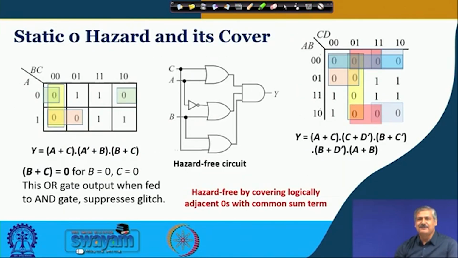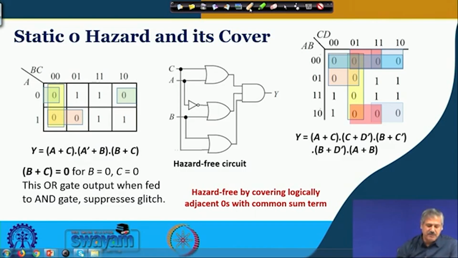Now, we have detected the hazards, but we need to think of how to cover them, and again we follow the logic that we followed for static 1 hazard covering. The cause of the specific hazard, we need to make sure that that cause does not arise. So, for that, we shall see that the logically adjacent zeros are covered by one common sum term.